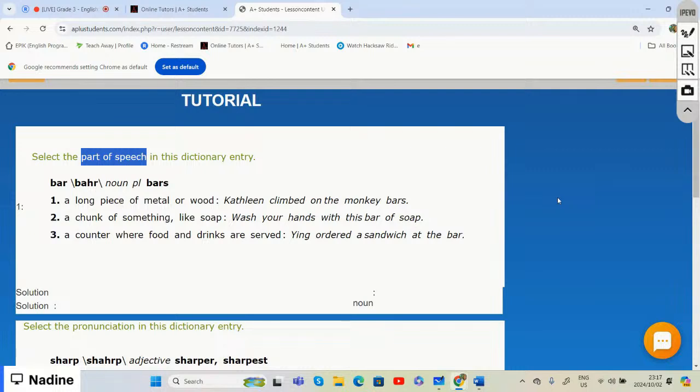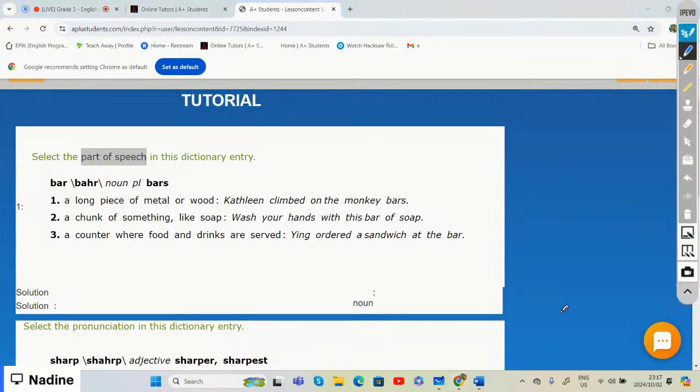If we were to identify the part of speech within that dictionary entry, then the part of speech is a noun, meaning that this word bar is a noun. That is the part of speech.